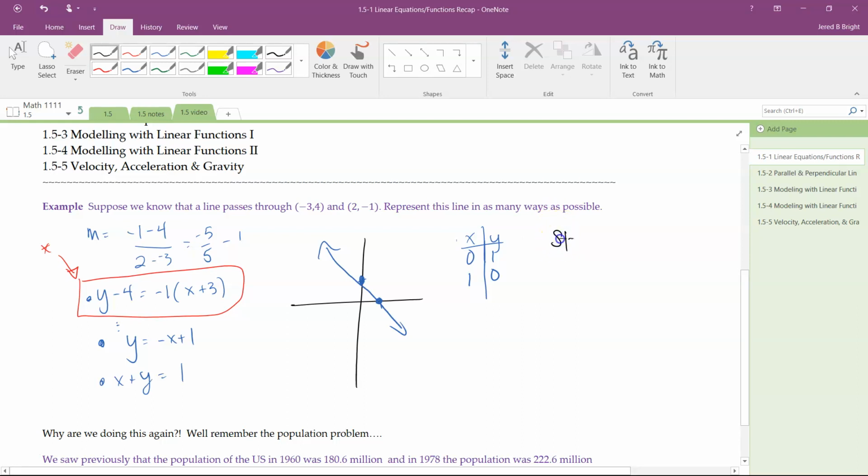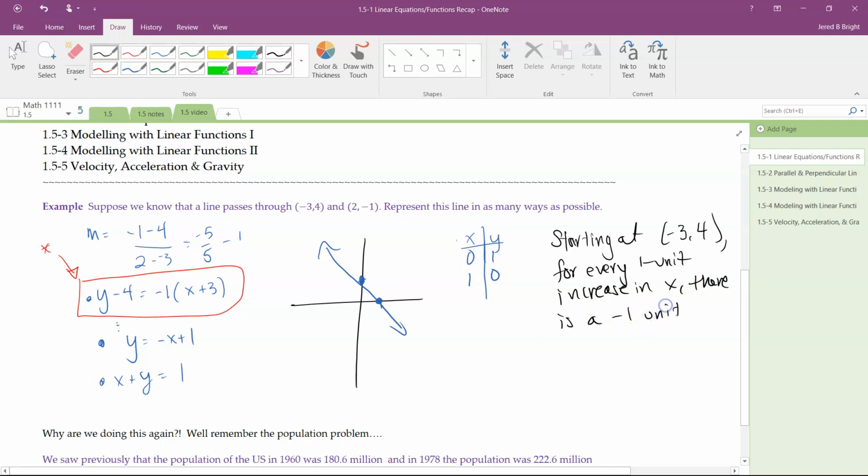So I would say, starting at minus 3, 4, for every 1 unit increase in x, there is a negative 1 unit increase in y. And that's all I would do. You could also say there is a 1 unit decrease in y. That's fine too.